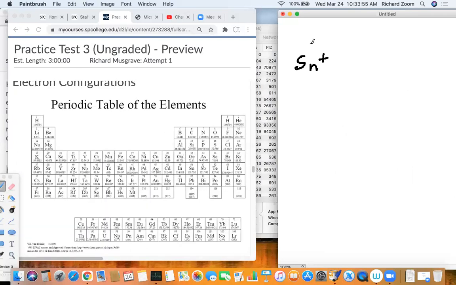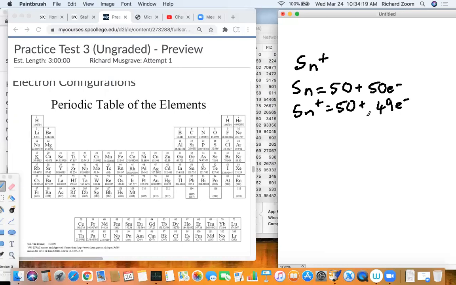And tin is 50, and 50 electrons. Sn+ is still 50 protons, but it's going to have 49 electrons. Remember, 50 minus 49 is going to be +1. That's what we're looking for here.